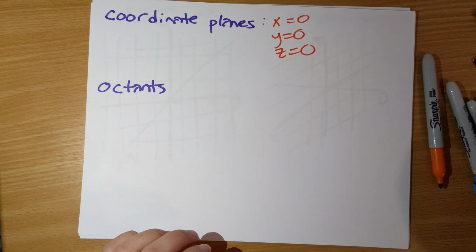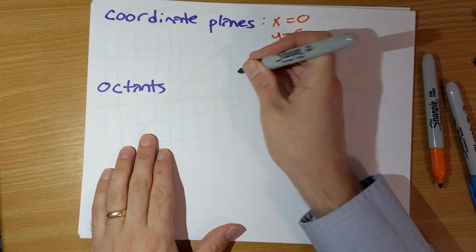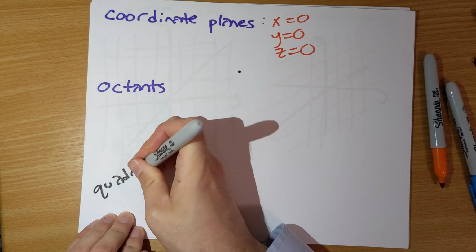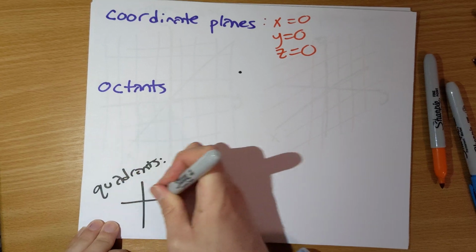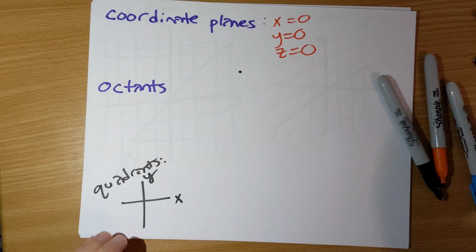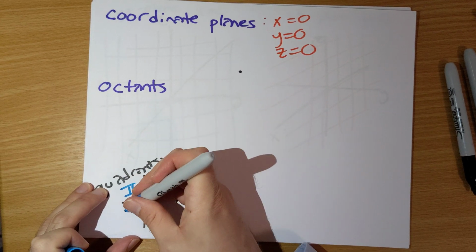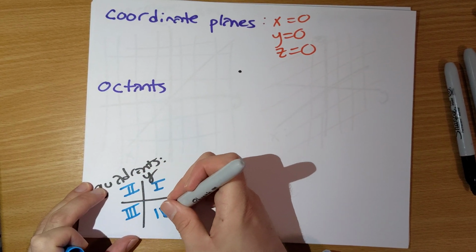So an important thing here, then, is the notion of octants. So throw back to previous stuff. We talked about quadrants before, x and y. So you should know, this is quadrant 1, this is quadrant 2, this is quadrant 3, this is quadrant 4.